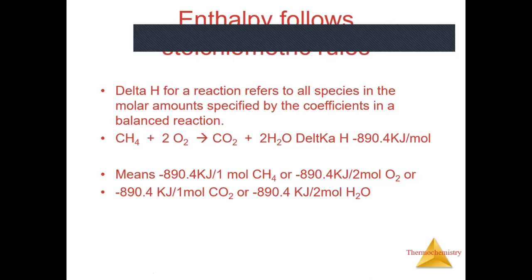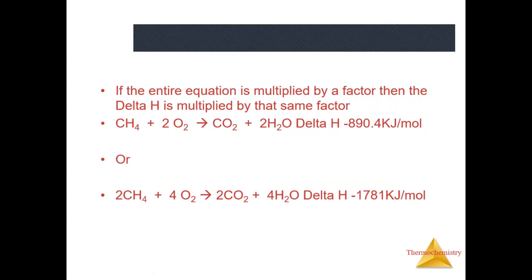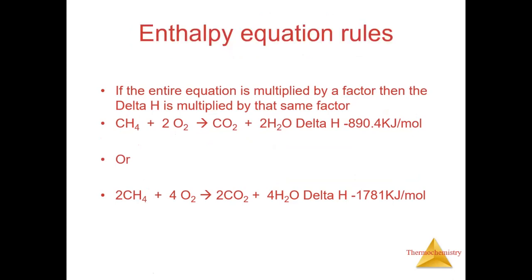So if I want to convert my moles of O2 to my delta H, I have to divide it by the coefficient. On the other hand, if I double everything, say I have 2 moles of CH4, 4 moles of O2, 2 CO2s and 4 H2Os, what I have in effect done is I've doubled all my ingredients. I doubled the heat produced.